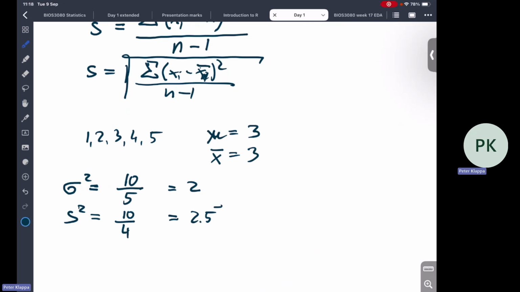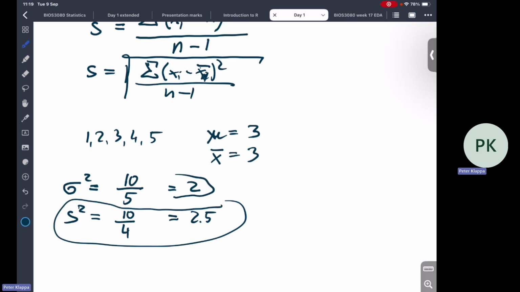So that would be our estimated variation in the population. It is a little bit bigger than the one that we just simply calculated here from when we treat our sample as the population, but that is understandable because there is probably even more variability. We just picked a small sample for that.